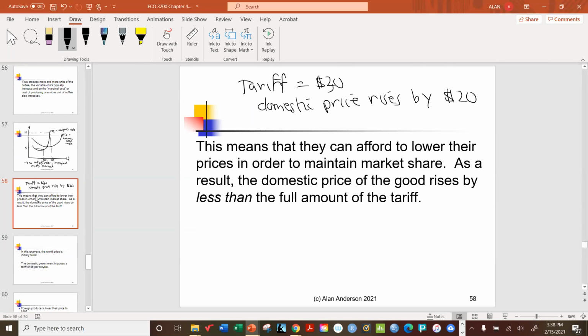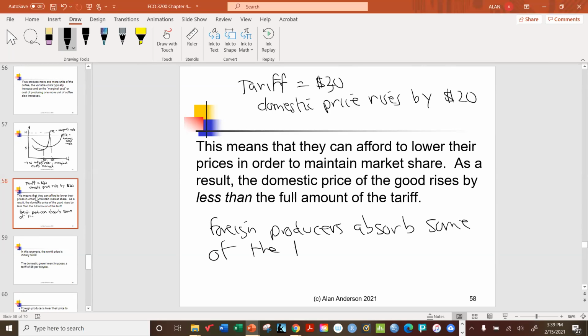Because the foreign producer absorbs some of the cost of the tariff in order to maintain market share. And they can afford to do it because their own costs of production are falling.